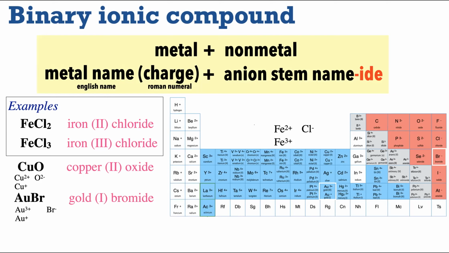Okay, now let's try the chemical name this time. For example, cobalt(II) sulfide. Cobalt is here in the periodic table. It gives Co3+ and Co2+ as its cations, while sulfide here in the periodic table gives S2-.